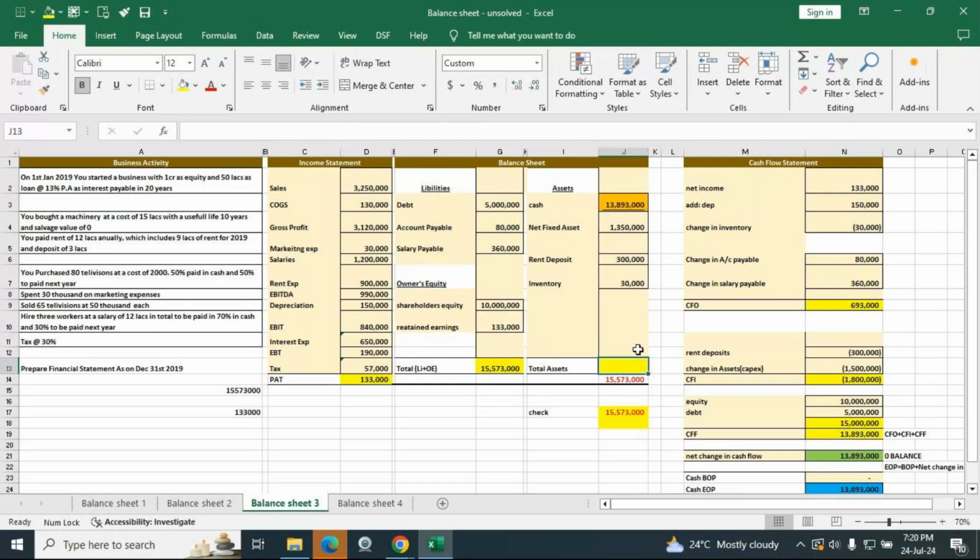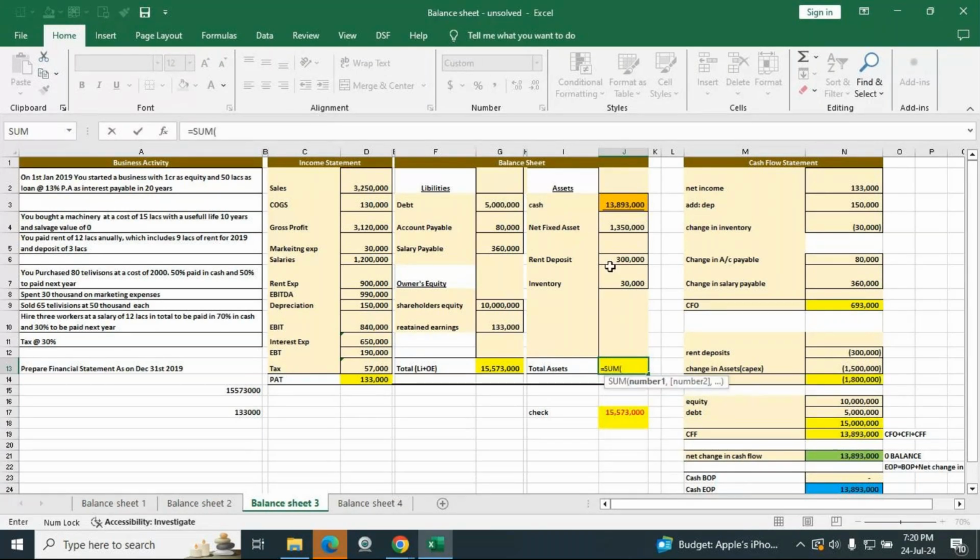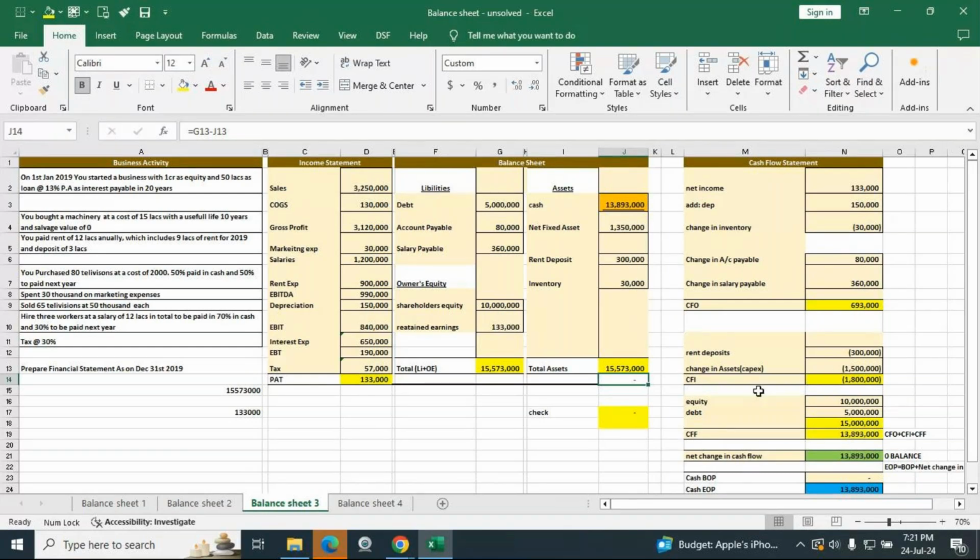G3 to G7. See, when we are showing it, this is how the balance sheet would be calculated.